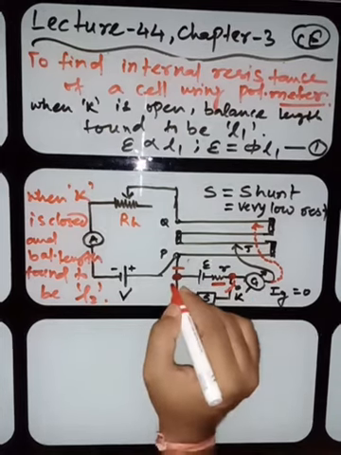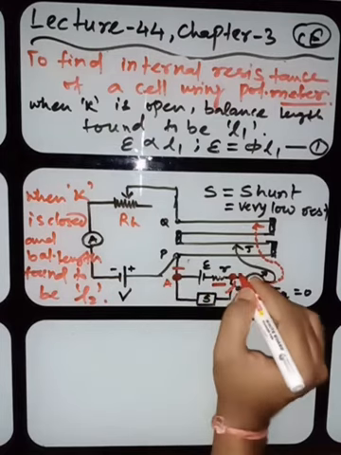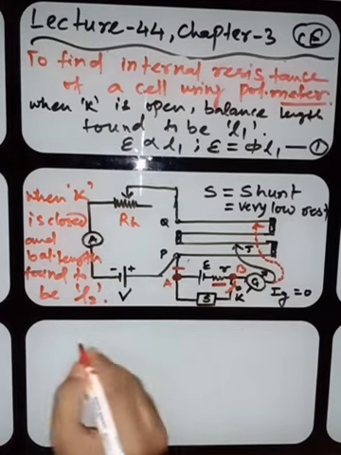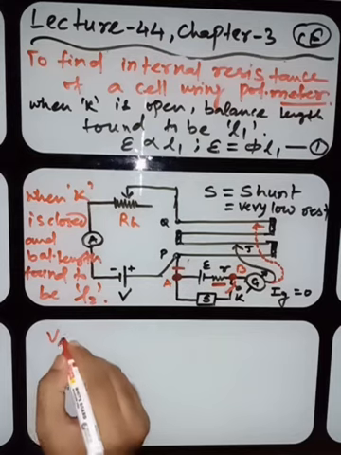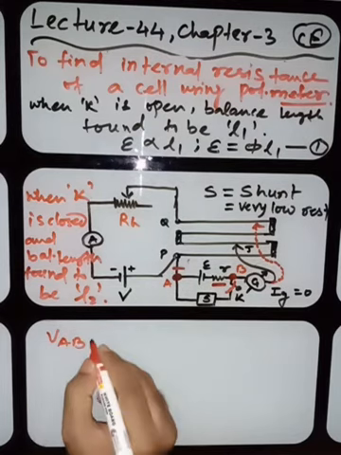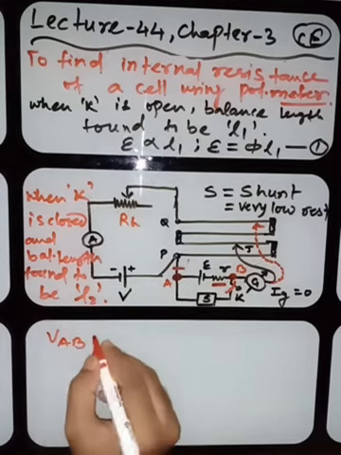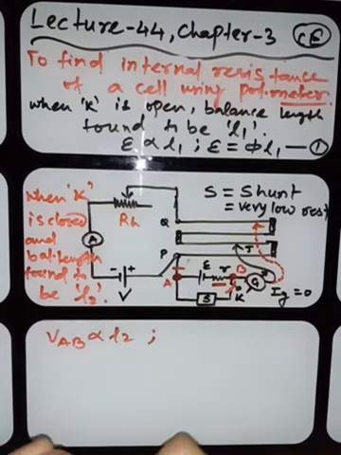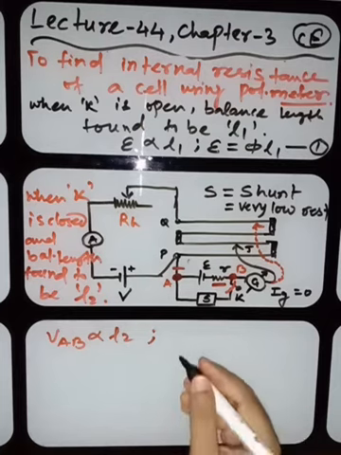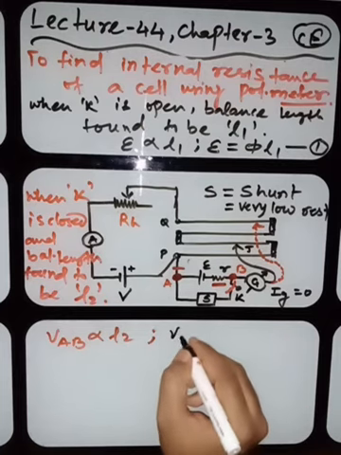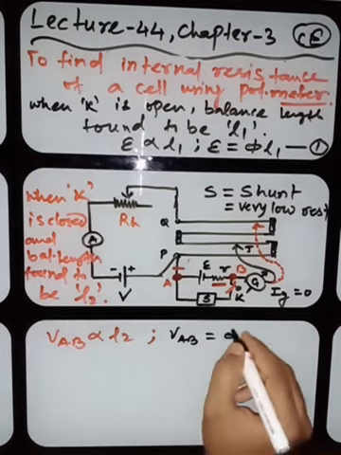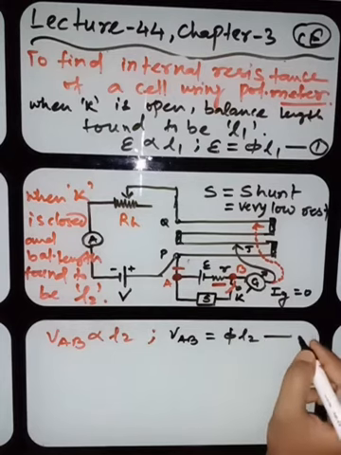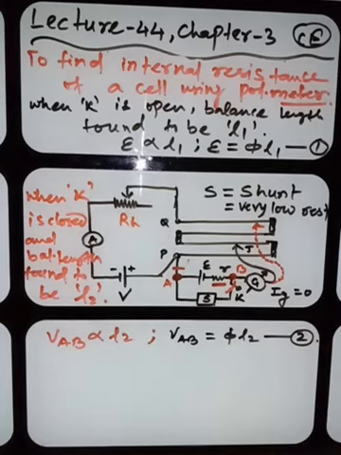Suppose this is point A and this is point B, so the potential is now VAB, and this potential VAB is directly proportional to L2. You can write VAB equals phi L2. This is equation 2, my dear student.